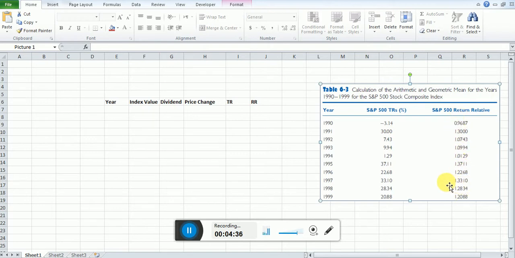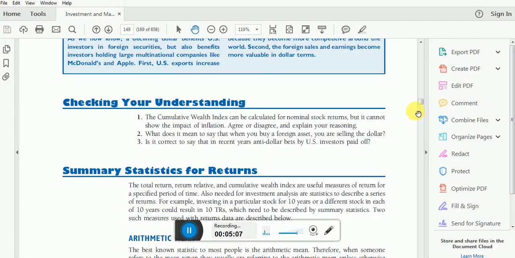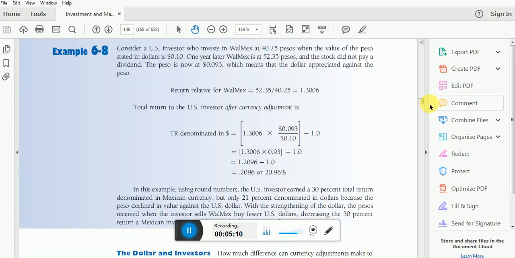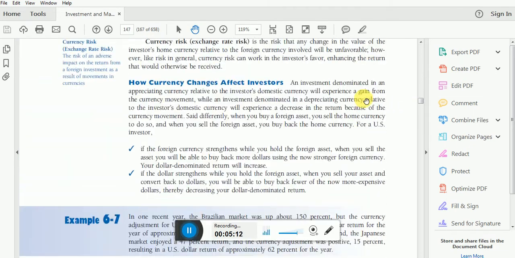Dear students, how can you compute the arithmetic mean from all these returns? Once again, I'm quickly showing you how these returns are computed and how the return relative is measured here. The data I'm copying from the same table, starting from 1989 up to 1999. Let me copy the data from here.